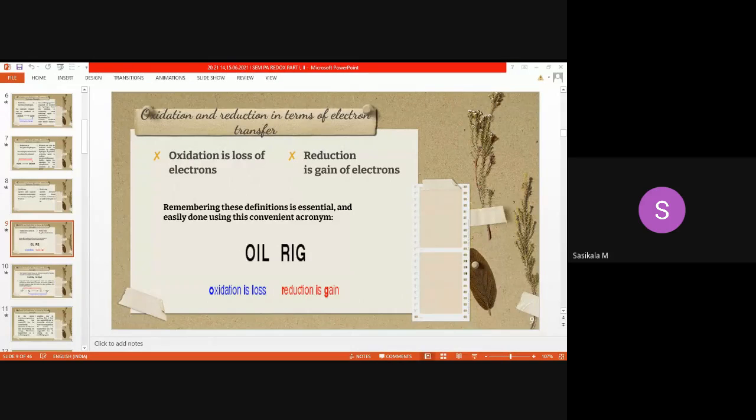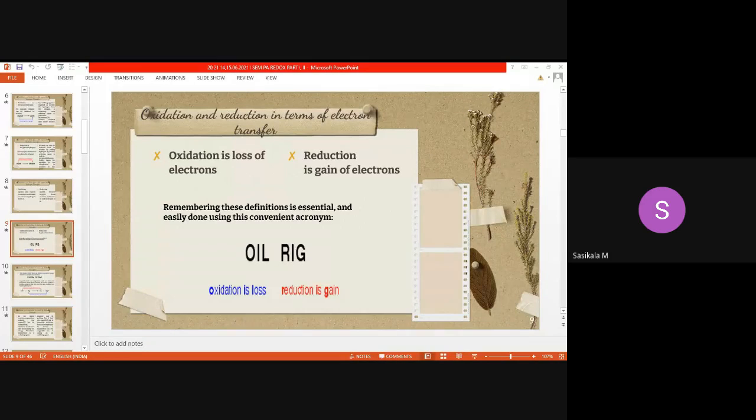According to oxygen transfer, removal of oxygen is called reduction. Likewise, according to hydrogen transfer, addition or gain of hydrogen, or gain of electron according to electron transfer, is called reduction. Reduction is gain, RIG. Loss is oxidation. So this is oxidation and reduction.